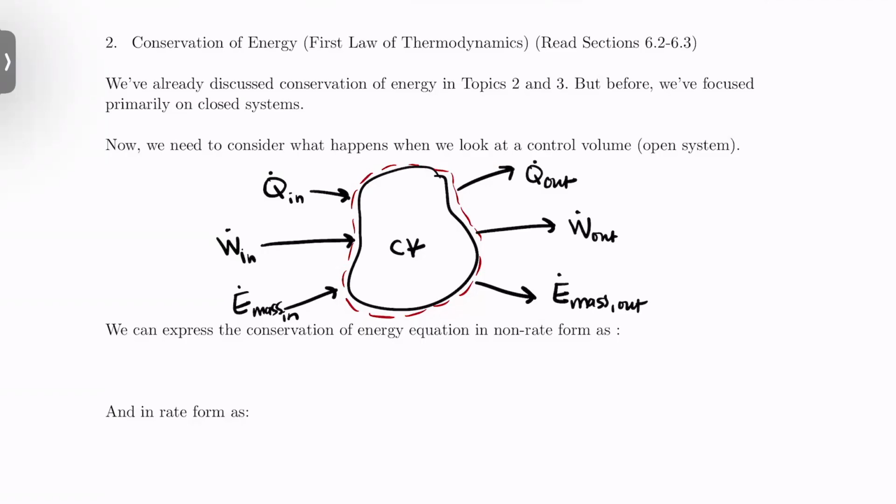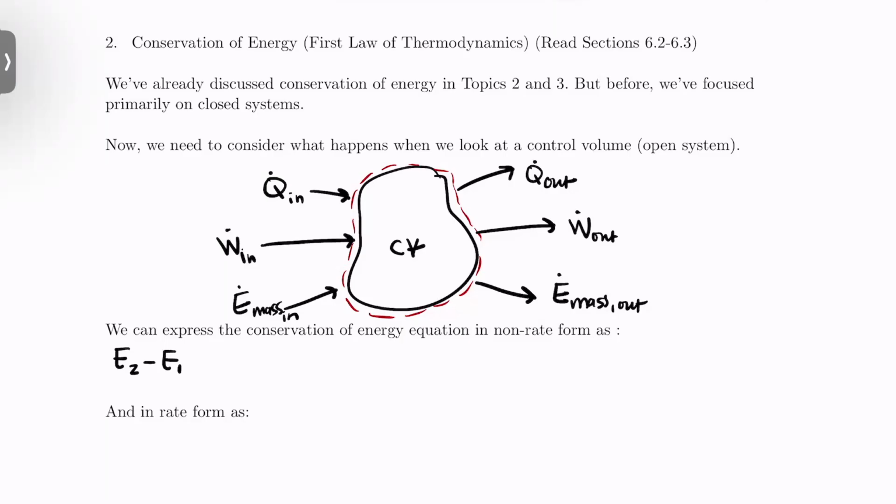Okay. We can express the conservation of energy equation in non-rate form as the following. So this is going to look very similar to what we looked at before with a couple nuances. So we have E2 minus E1.